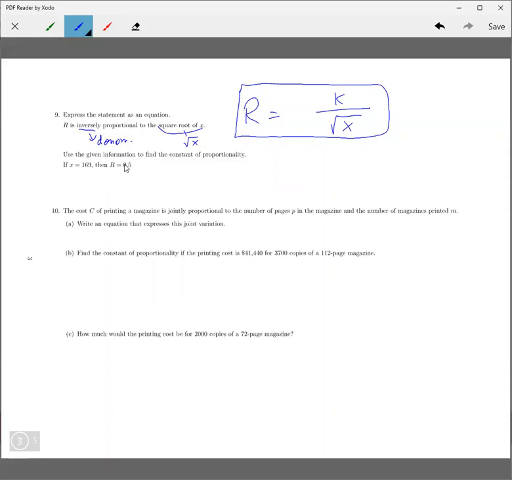Second part, use the given information to find the constant of proportionality. If x equals 169, then r is 0.5. So r gets replaced with 0.5, and x gets replaced with 169.